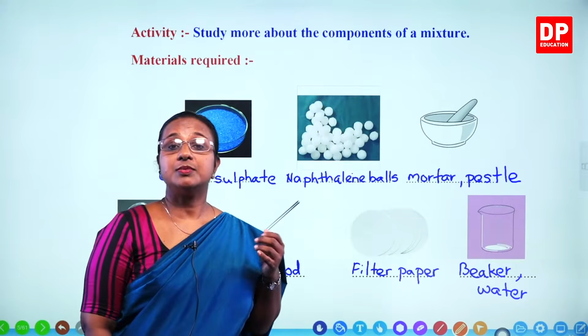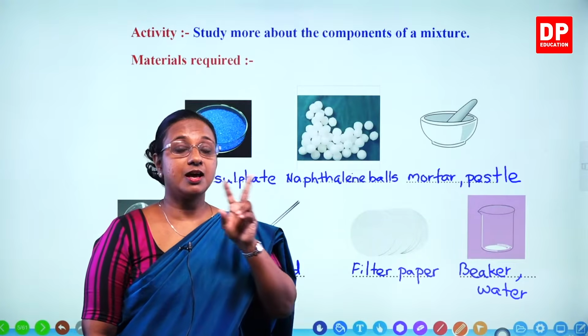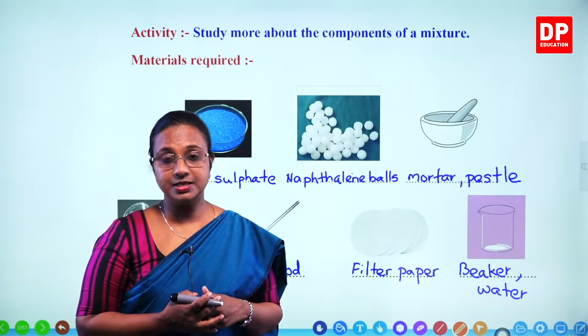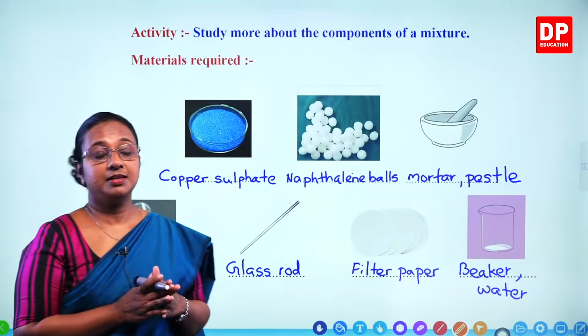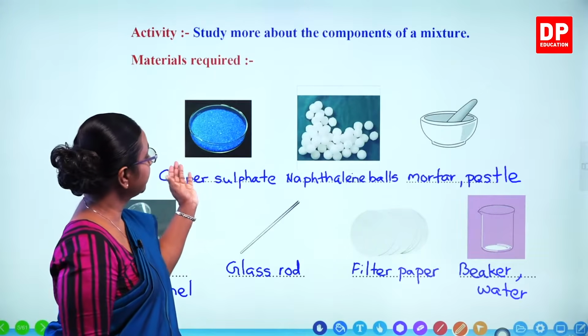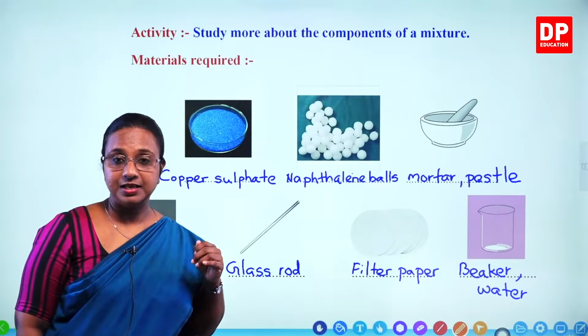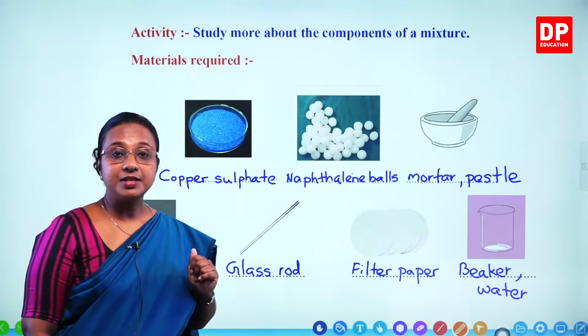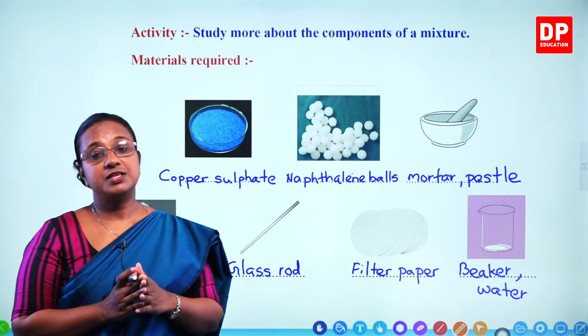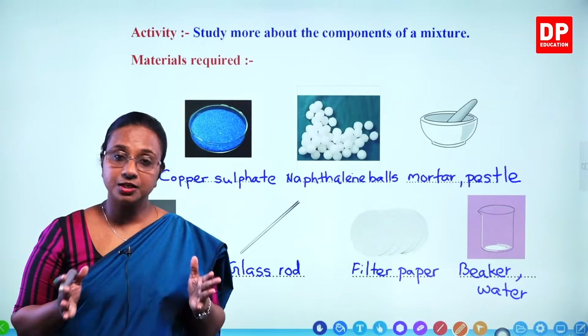So, this is a very simple activity. There are 2 parts to this activity. In the first part, what we do is we take the copper sulfate and naphthalene. You powder the naphthalene and you can observe the 2 substances closely.